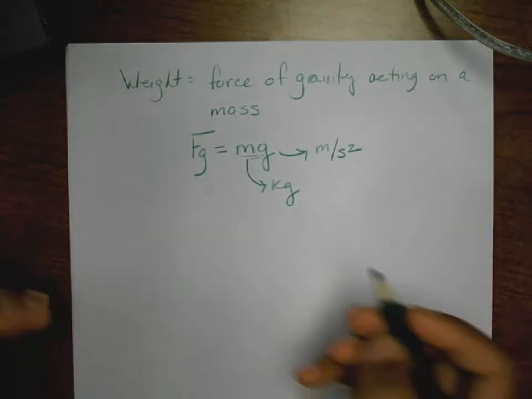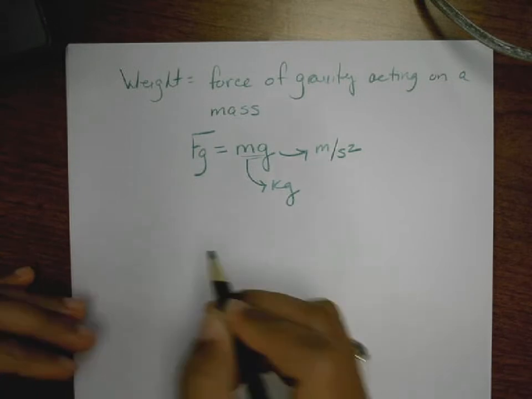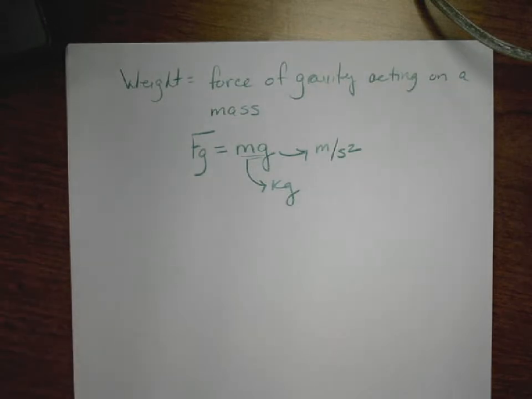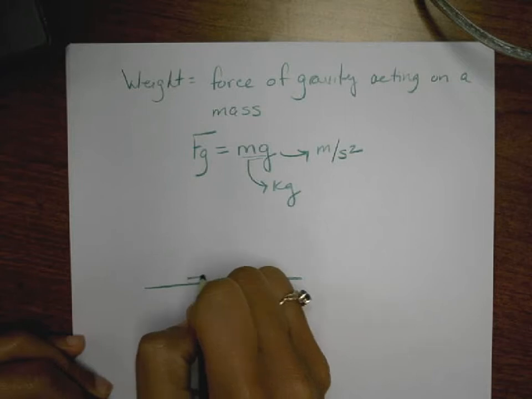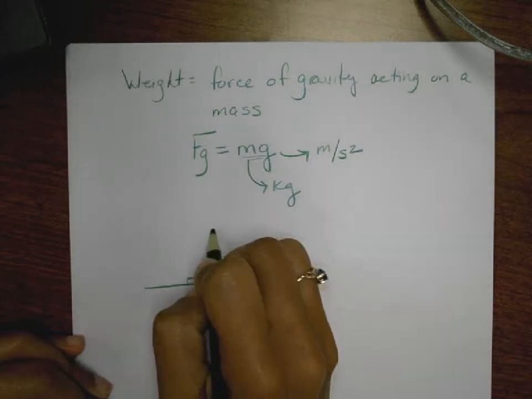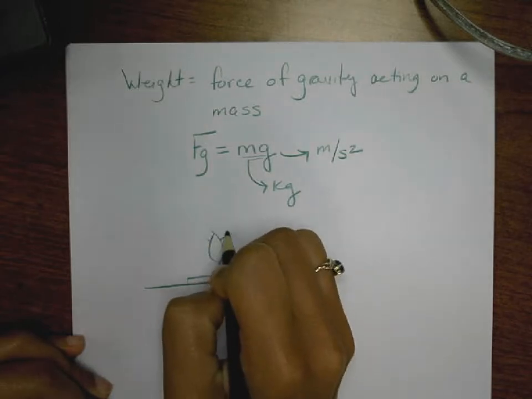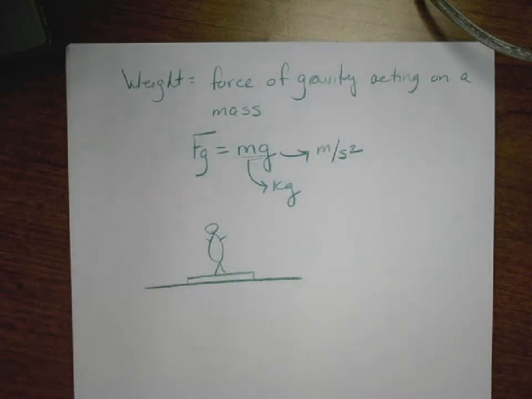So let me go ahead and give you an example. When we talk about weight, normally what people do is they stand on a scale to get their weight. So I have the ground here. I'm going to put a scale, and here you are, standing on the scale.